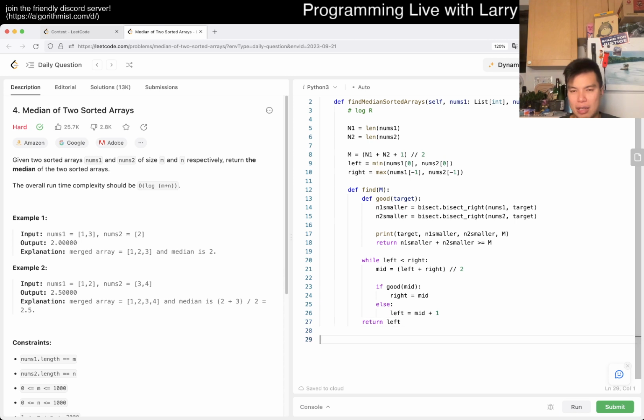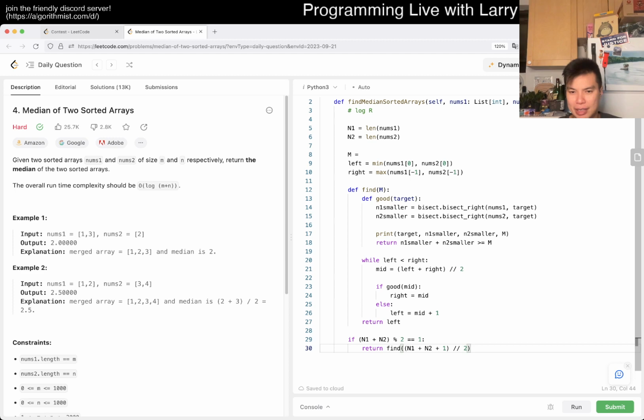And then now we can say if n1 plus n2 is odd, then we can just return find of m. If it's odd, we want, yeah, that feels right. So I would just put it here.